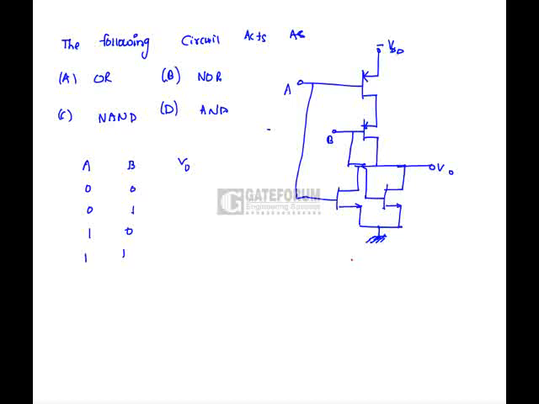If any one of the AB inputs is 1, the output is going to be 0, and if both are 1 also, the output is 0. So the only situation where we can get the output 1 is if both are 0. This is the truth table. If we observe, this is the truth table for the NOR gate. Hence option B is correct.